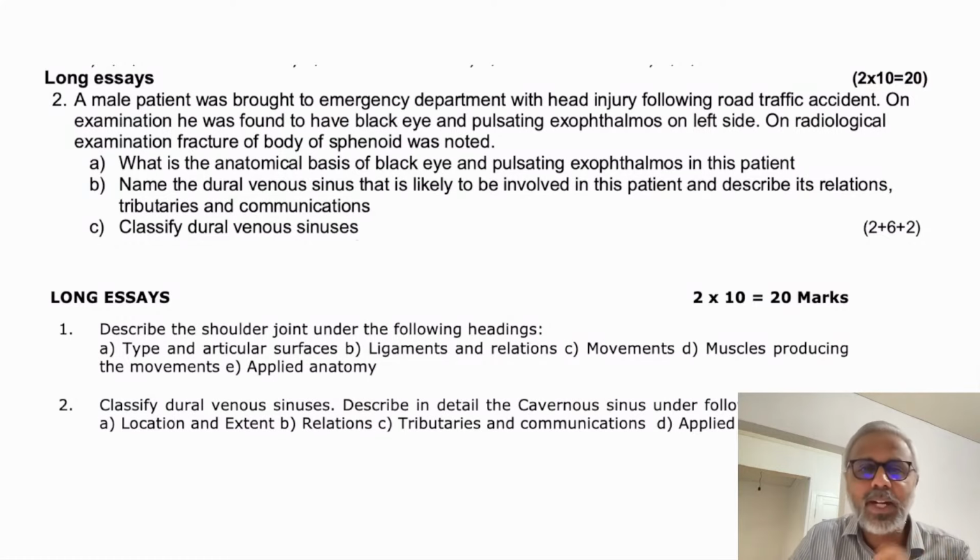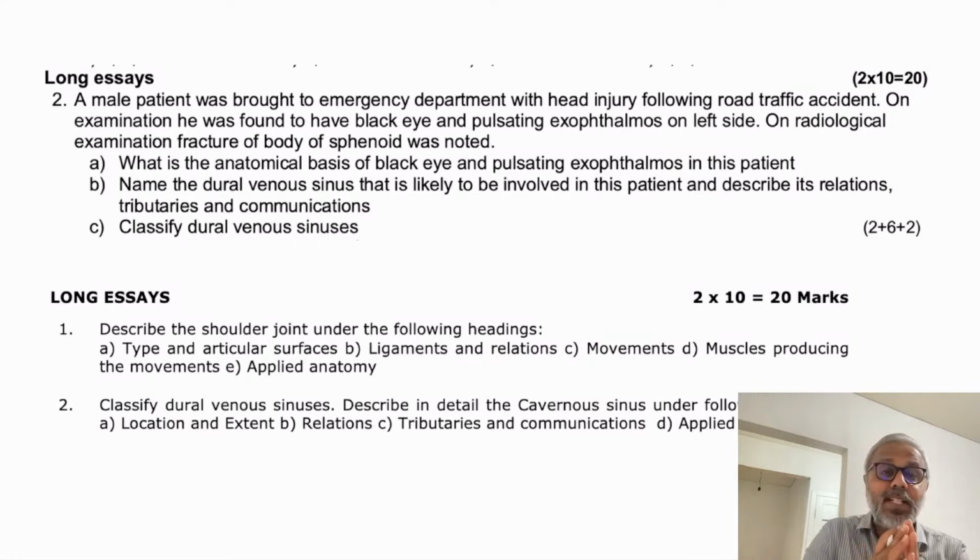Now, the second part of the question: what is pulsating exophthalmos due to? In one sentence, it is due to a carotico-cavernous fistula. An abnormal communication between the internal carotid artery and the cavernous sinus gets established. Why?